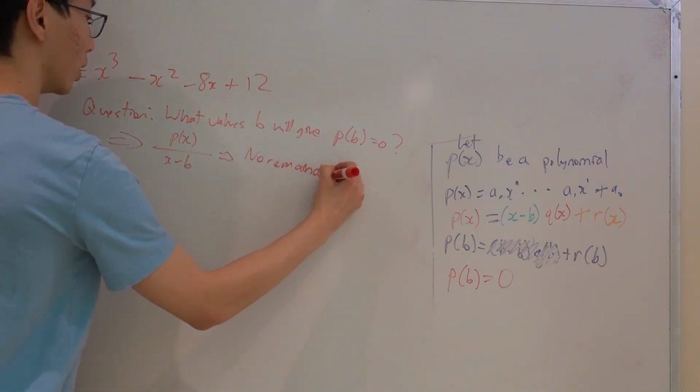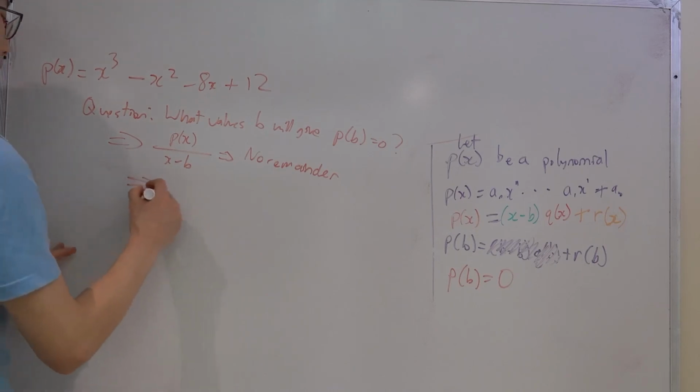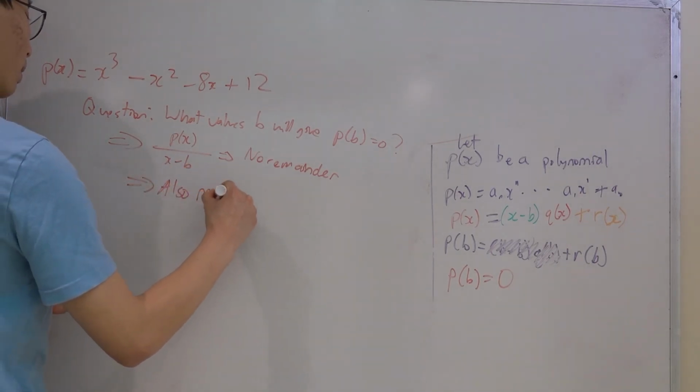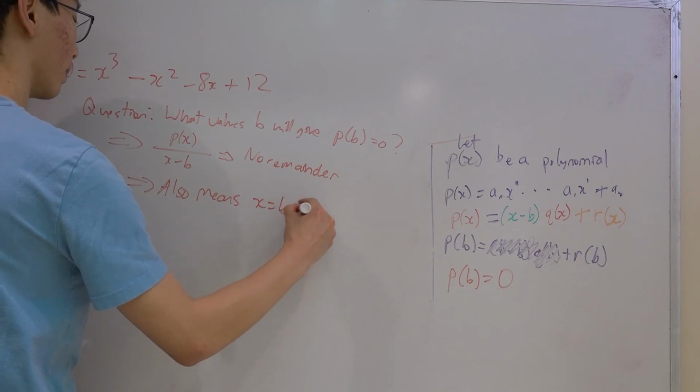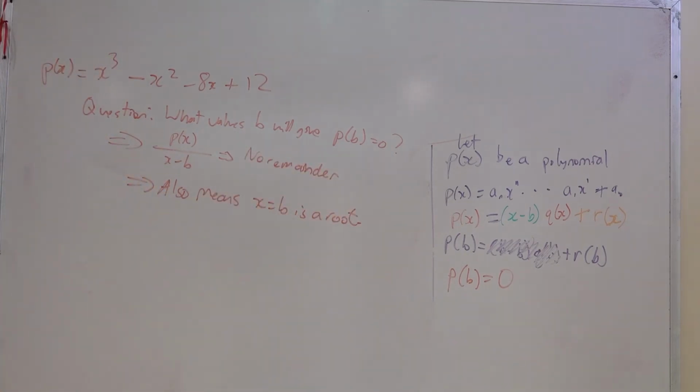And no remainder is good. And not only that, but it will also mean that b is a root.